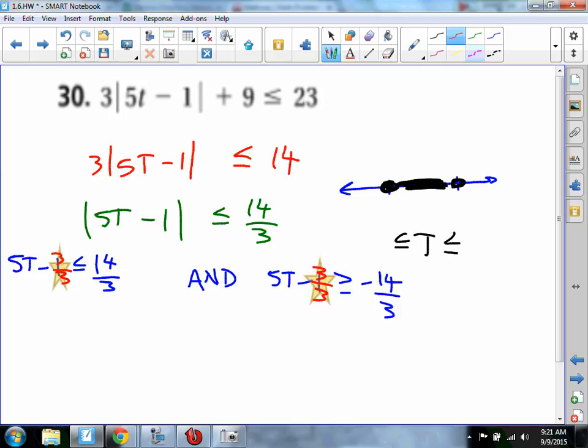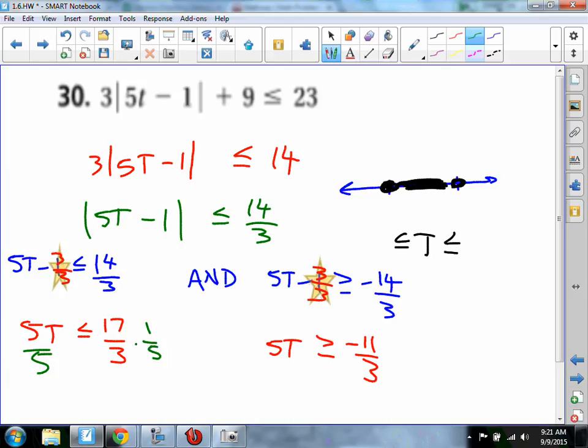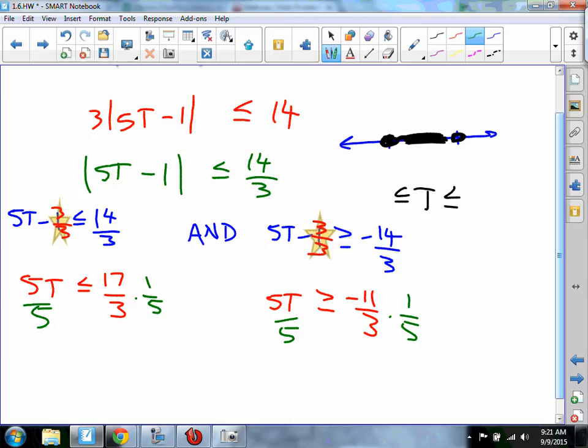So I'm going to get 5t is less than or equal to 17 thirds. And 5t is greater than or equal to negative 11 thirds, I guess. When you divide fractions, so we divide by 5, it's like multiplying by their reciprocal. So I'm going to multiply by a fifth. The 5's cancel.